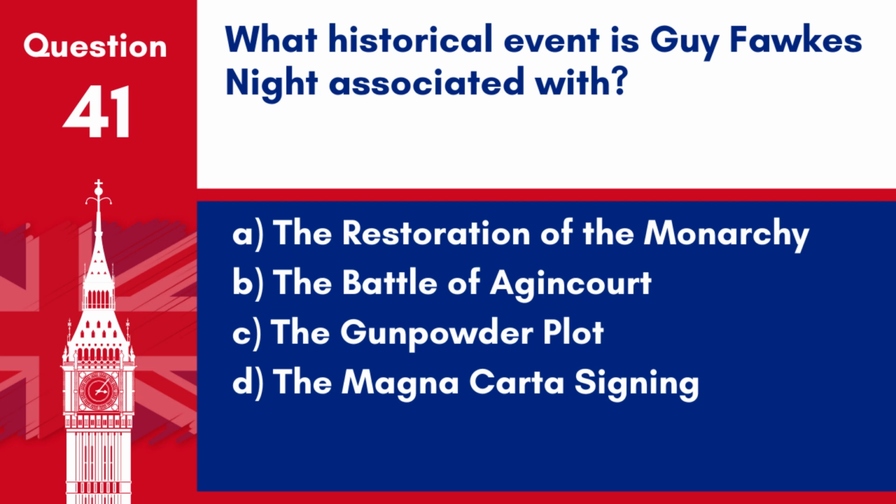Question 41. What historical event is Guy Fawkes Night associated with? A. The restoration of the monarchy. B. The Battle of Agincourt. C. The Gunpowder Plot. D. The Magna Carta signing.